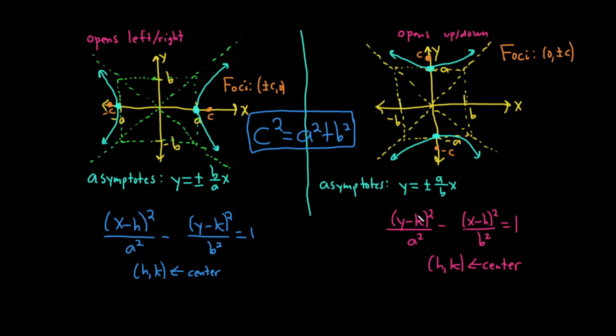Another really important thing that's worth mentioning, and I'm going to write it down because it's that important, is that these little branches open towards the foci, right? So it always opens towards the foci. Very, very key. This axis here is called the transverse axis, and over here, this red one, just extra fun names, is also called the transverse axis.